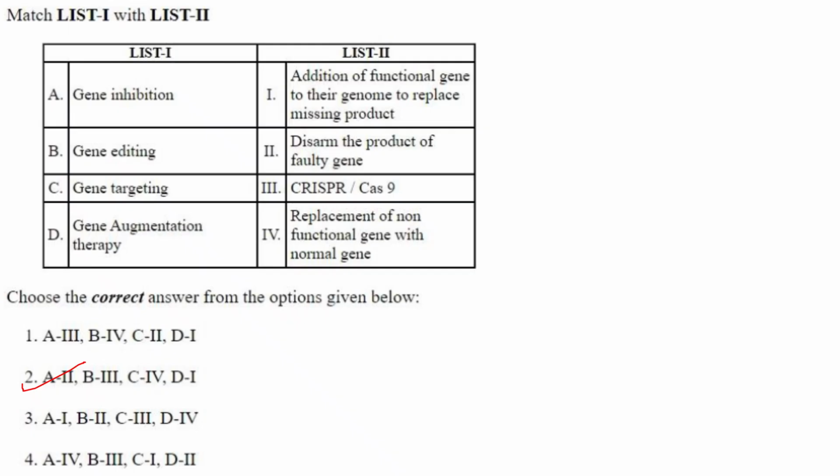That will be replacement of a non-functional gene with a normal gene. So C will be 4. Then gene augmentation. Augmentation means adding something good. So D will be 1, that is addition of a functional gene to their genome to replace the missing product.